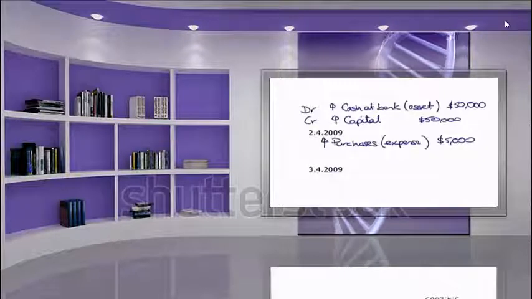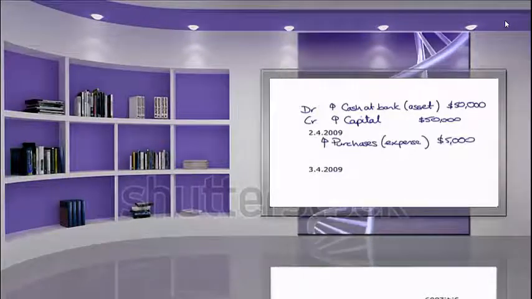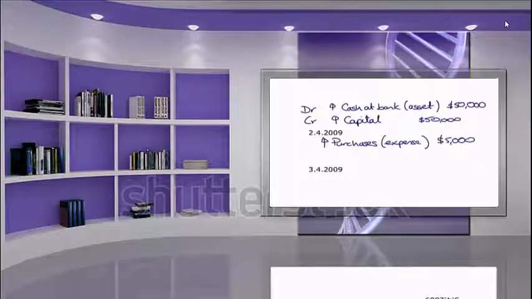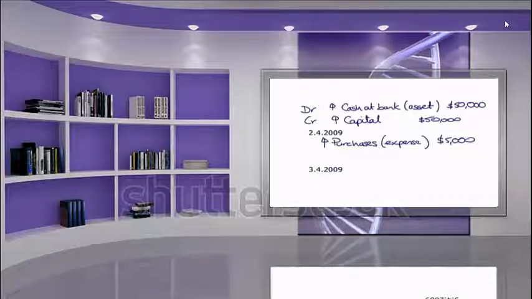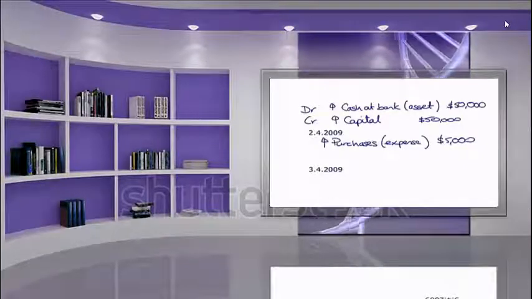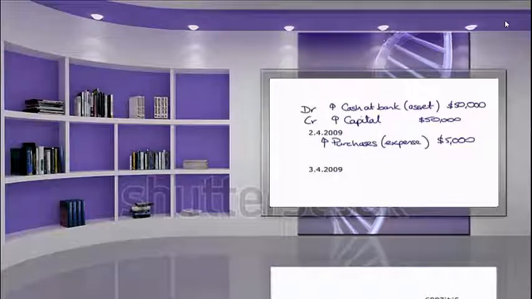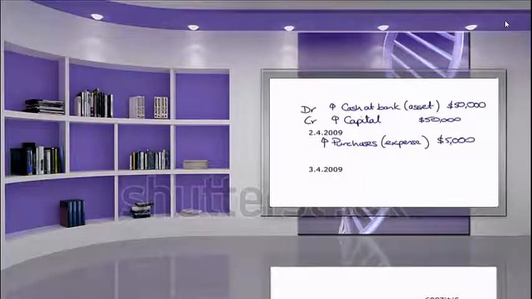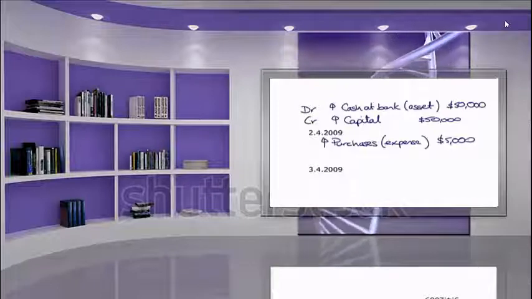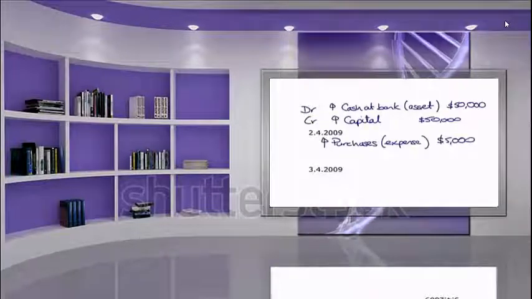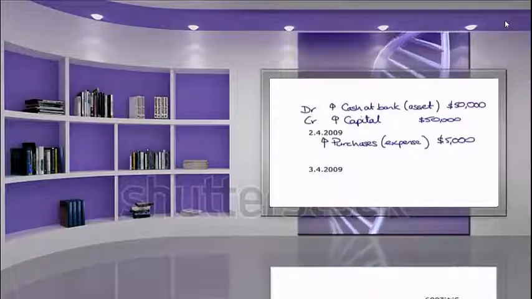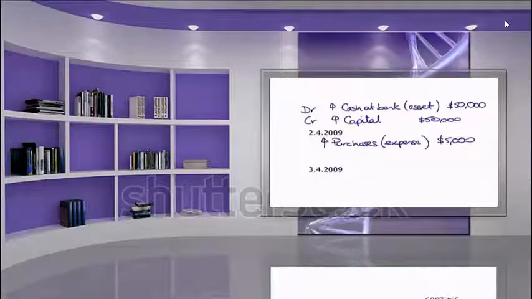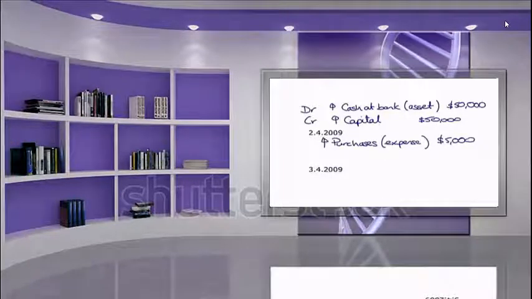So we're going to open up another account, call it purchases, and increase that expense account with $5,000. Remember, the dual effect. We've got to have the equal and opposite effect of that transaction. Well, it can't be cash because we're not paying for those goods now for cash. So it's not going to be a decrease in the cash asset.